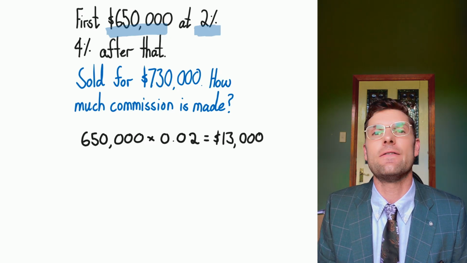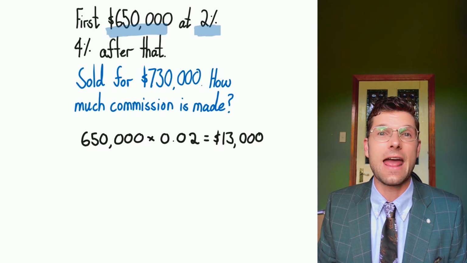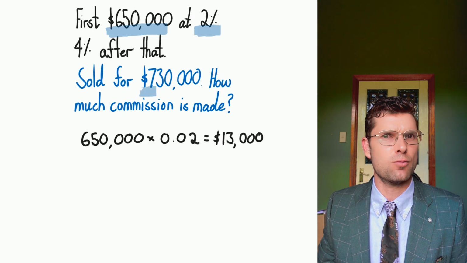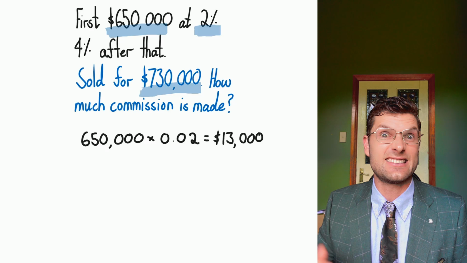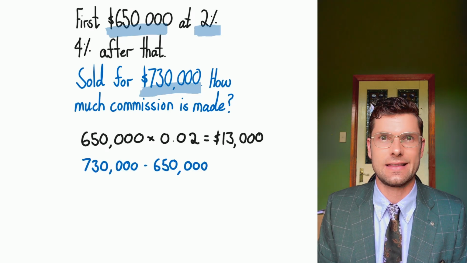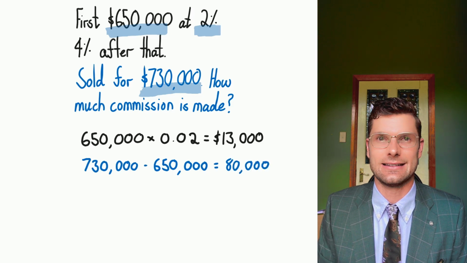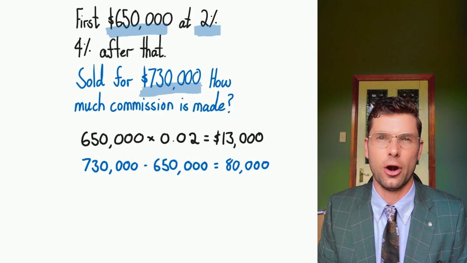That's what they would have got if they got no extra money except for the market value. But now we're saying, oh, they definitely made us more money, and they made us an extra $80,000. The way that we work that out is the actual selling price, the $730,000, minus the $650,000, so $80,000 is left. That's what they earned on top of that market value price.